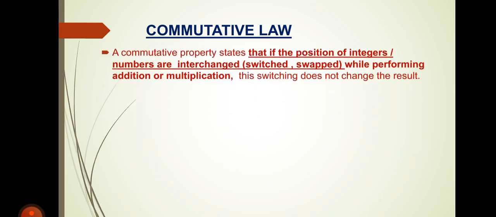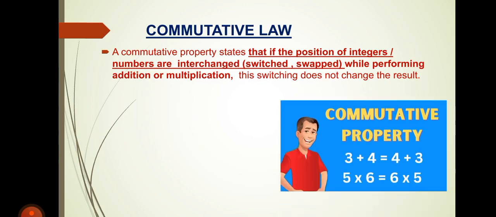So we will make a generalized statement for it, that a commutative property or a commutative law states that if the position of the integers or numbers are interchanged, that means we are switching or swapping the position while performing addition or multiplication, this switching does not change the result.